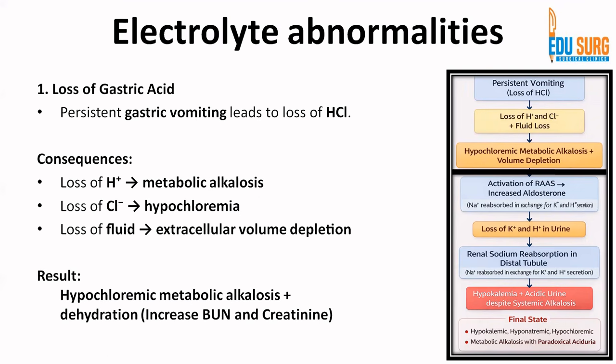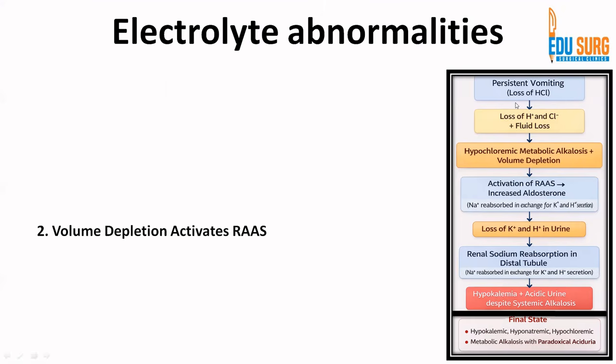So basically there is extracellular volume depletion. So the result is a hypochloremic metabolic alkalosis and dehydration, increased blood urea nitrogen and creatinine. So this is basically the picture that occurs because of loss of hydrochloric acid or gastric acid in the vomiting.